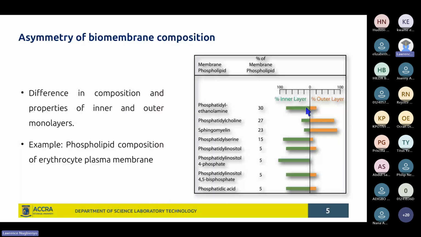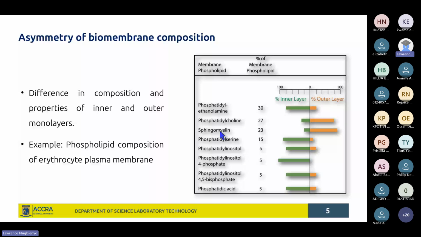Similarly, if you take phosphatidylcholine, the composition in the cell membrane altogether is 27%. And out of that, you see that about 90%, or maybe say 80%, of it is in the outer monolayer. And you can do that for all of them.